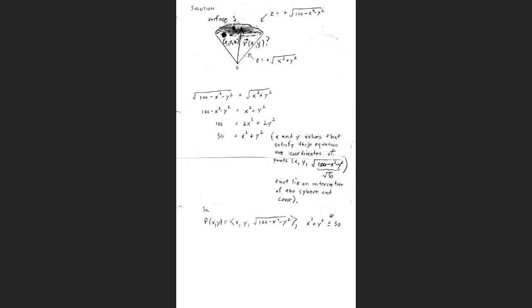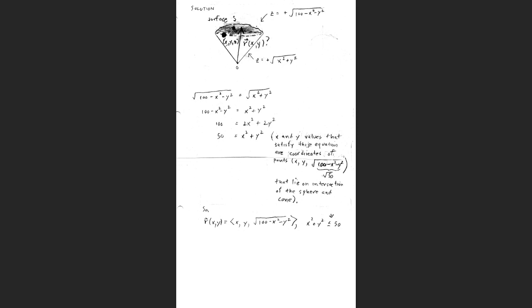The surface S is the portion of the sphere, the part of the sphere that lies above the cone.